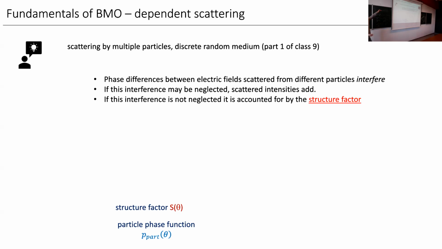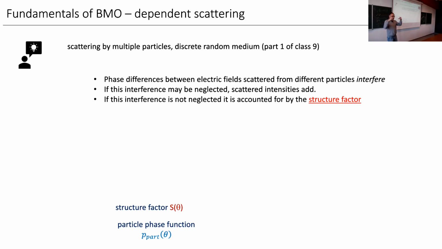Basically, that goes by this argument. Every particle has a scattered electric field, which has a certain amplitude and a certain phase. These phases will interfere at the detector, and if the particles were truly randomly organized, then all of these phase differences would average out. So if you have one particle that gives one phase difference, you would always be able to find another particle that has exactly the opposite phase difference, and that will cancel out.